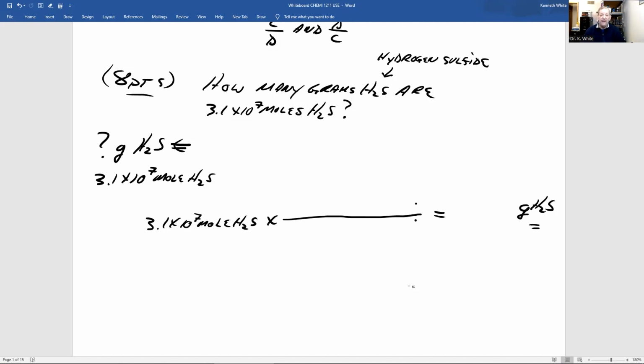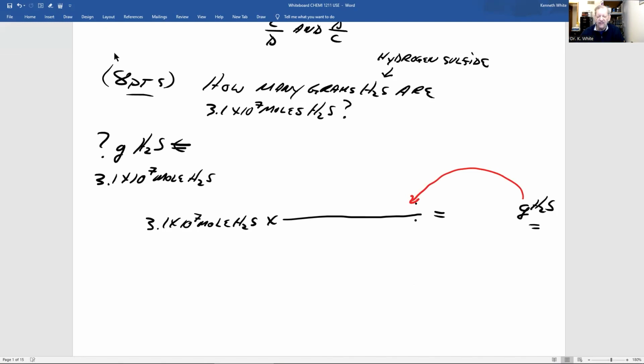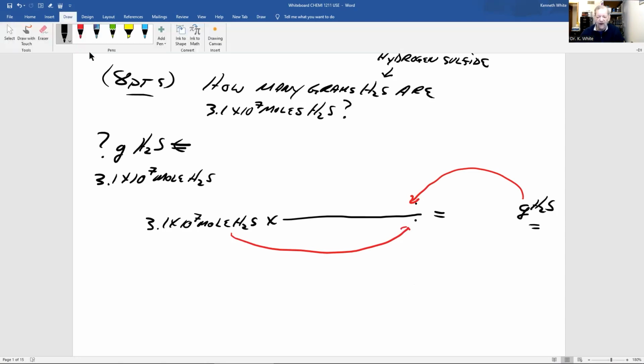Use your good buddy, your good friend, unit analysis. And how do you do that? Whatever you're trying to get to, the units go on top. Whatever you're trying to get rid of, the units go underneath. And now I'm going to write that in.